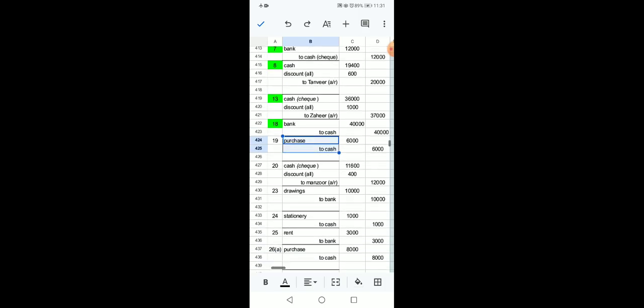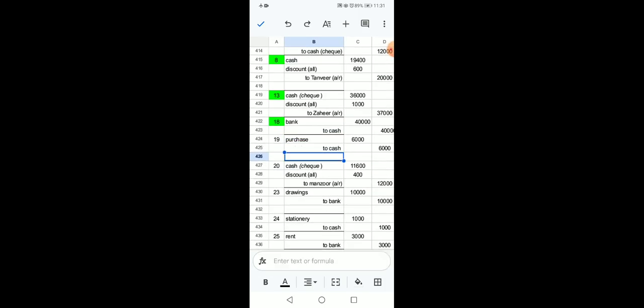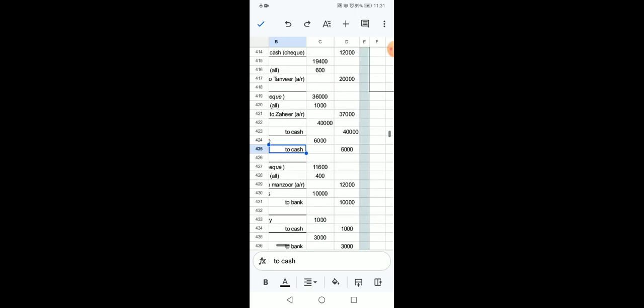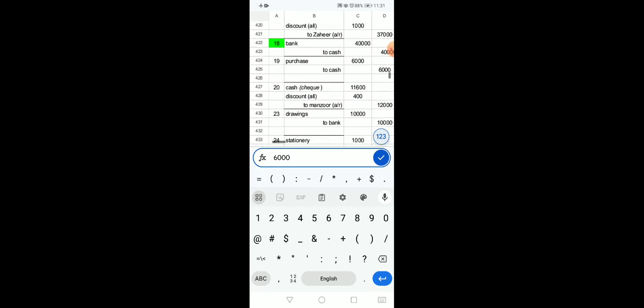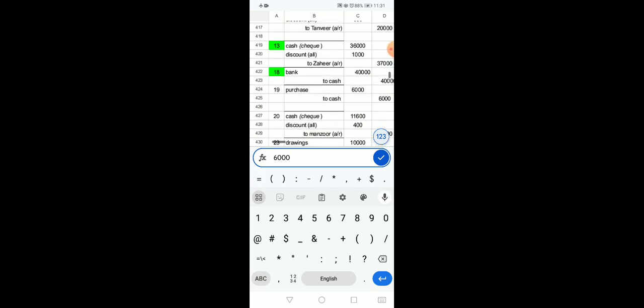19th entry, there are 2 elements, purchase and cash, but only one element is associated with the cash book, that is cash. Credit 6,000. We will go to the credit side of the cash book and write 6,000 in the credit column of the cash book. Now see the date. We have 19 date and the reference is purchase.